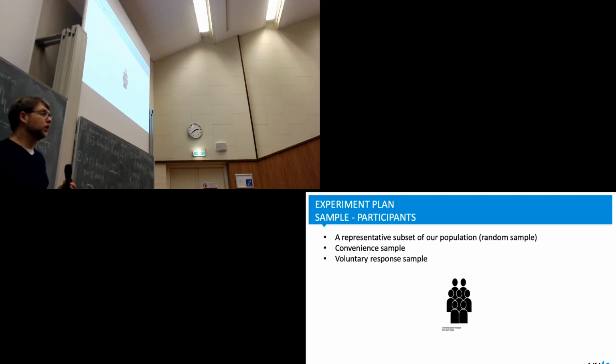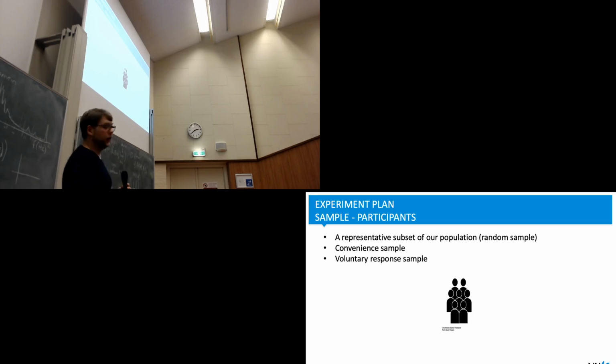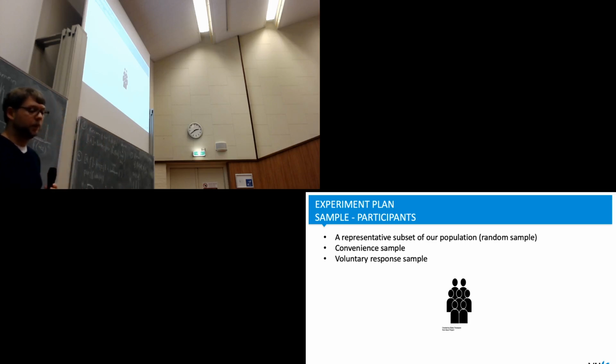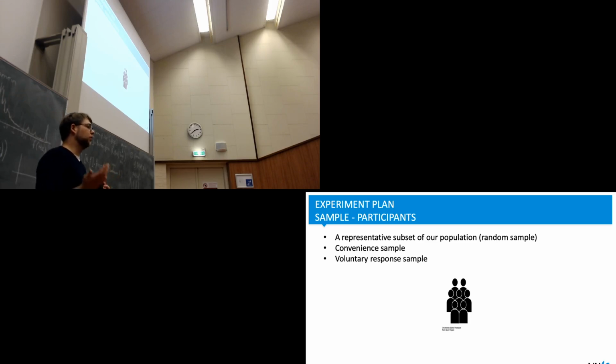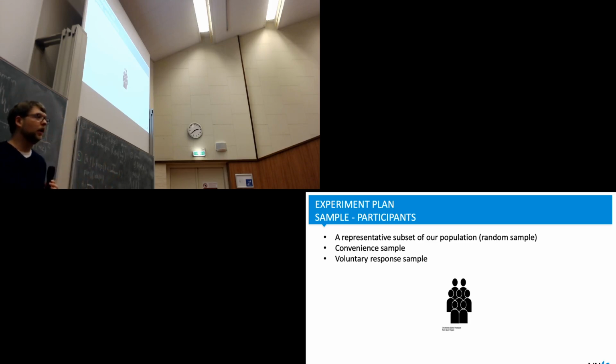There are different approaches to it. What you would like to have is a random representative sample. Then you can use a convenience sample, using people around in your environment, or you could invite people voluntarily to participate in your study.